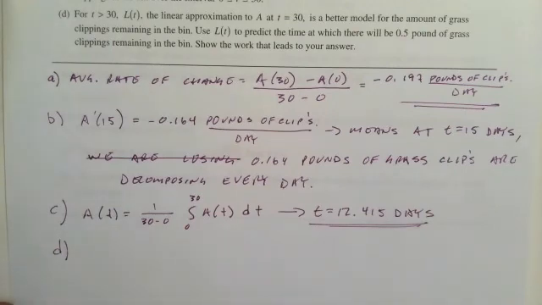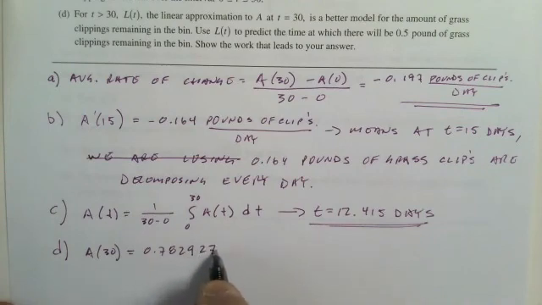Okay, find L of t. Well, A of 30 in my calculator is 0.7829. And I'm going to go out a bunch of decimal places here. 278694. So there's our point. Our point is 30 comma that.